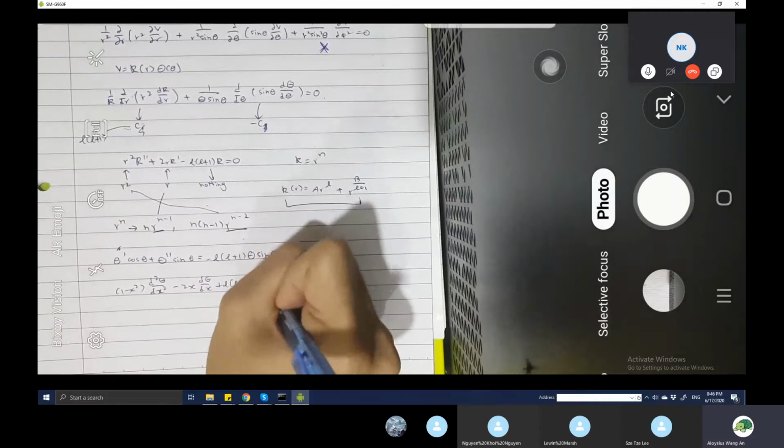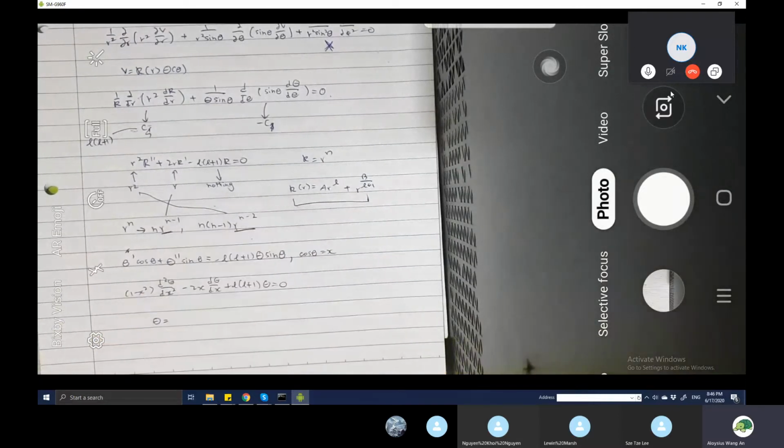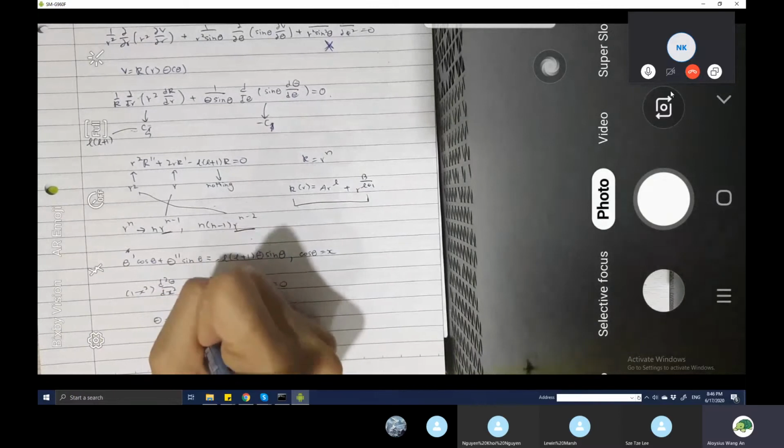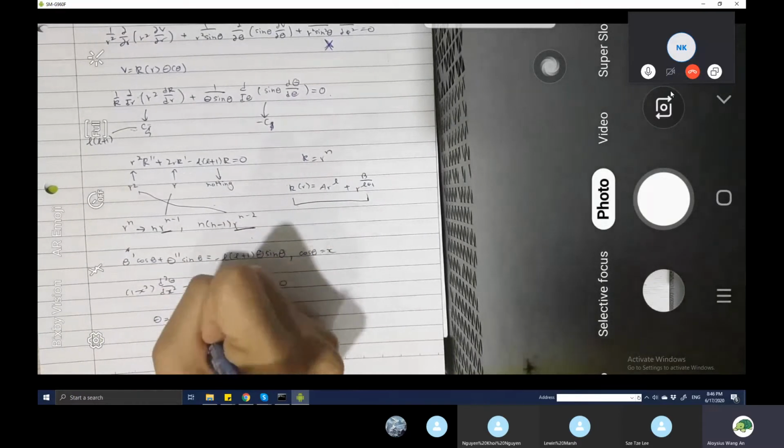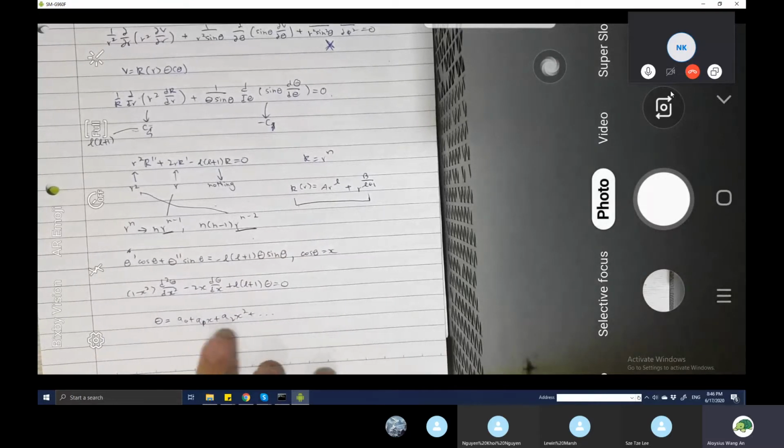If you want to solve this equation, you can assume that Theta takes the form of some a0 plus a1 x plus a2 x squared, and you solve explicitly for your individual coefficients.